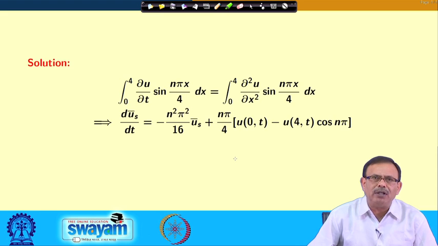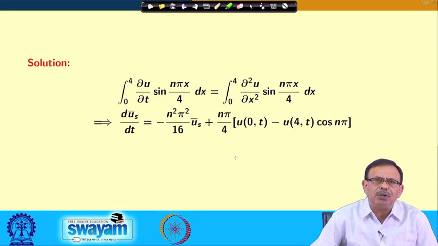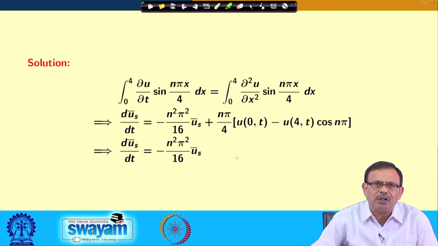I have already explained why d dt of u bar s comes on the left hand side, and the integral of del 2 u del x square sin n pi x by 4 dx was also evaluated earlier. So, we are just putting the value: minus n square pi square by 16 u bar s plus n pi by 4 into u(0,t) minus u(4,t) into cos n pi, and we know u(0,t) is 0 and u(4,t) equals 0. So, if you substitute, the second term of the right hand side will vanish. You will have only this, where u bar s is the finite Fourier sine transform of u.